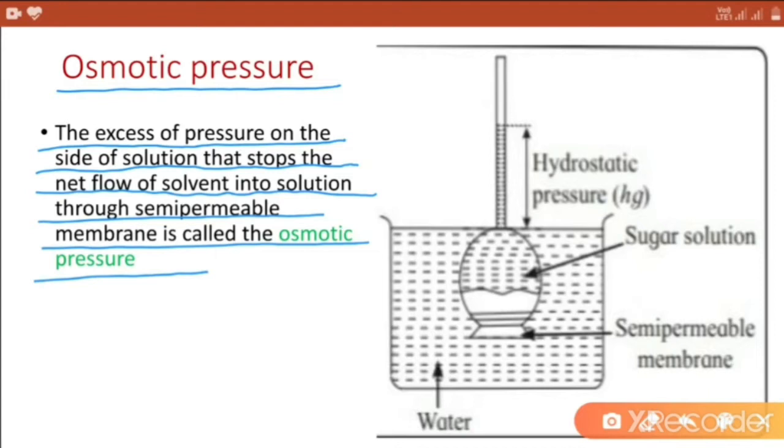Experimental demonstration of osmotic pressure. See the diagram. In this diagram, this is a beaker. It is filled with water.